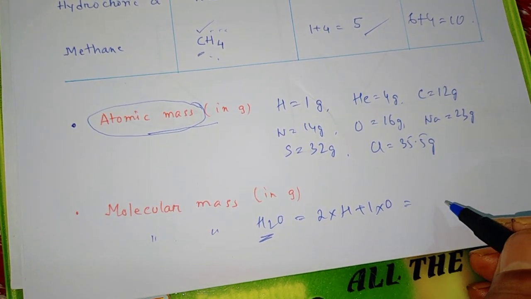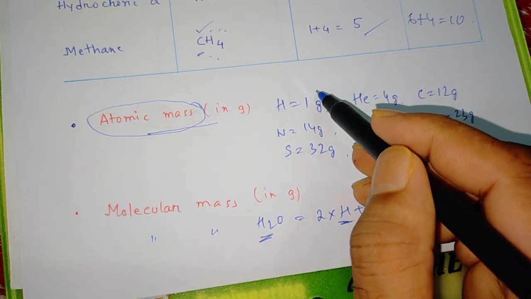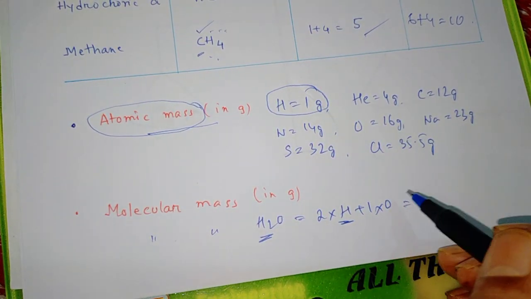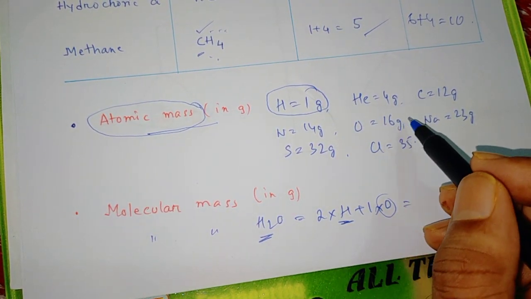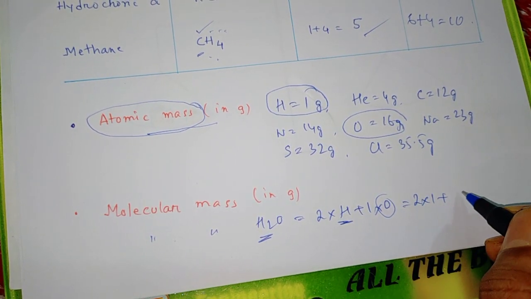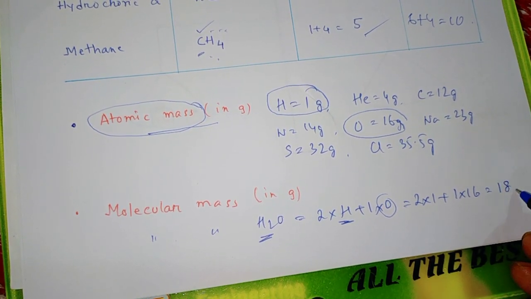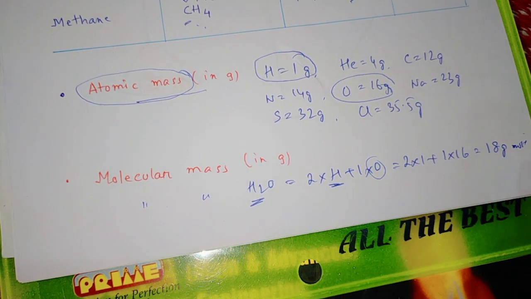So hydrogen mass is what? 1 gram. Oxygen mass is what? 16 gram. So 2 into 1 plus 1 into 16 is equal to 18 gram. You have to write 18 gram per mole, also you can write in gram.